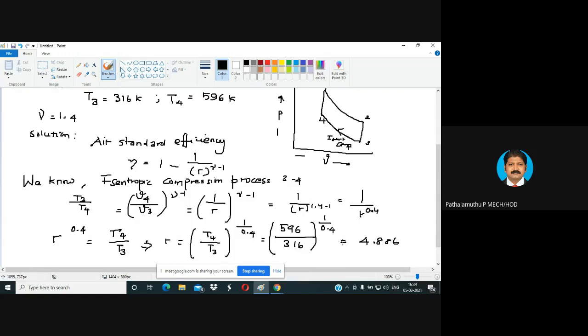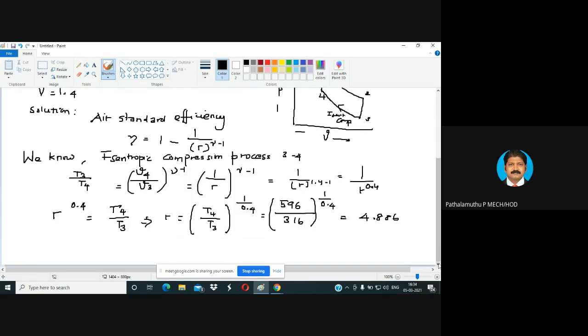Now substitute the value R equal to 4.886 in the equation. Air standard efficiency eta equal to 1 minus 1 by 4.886 power 0.4.